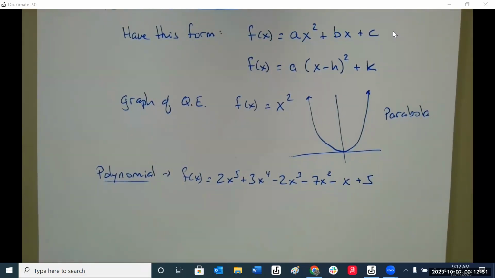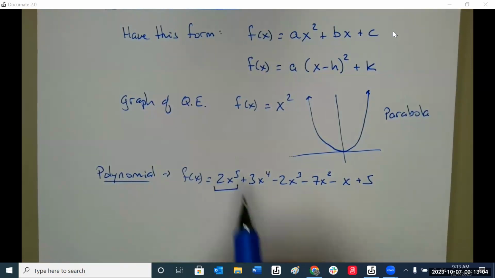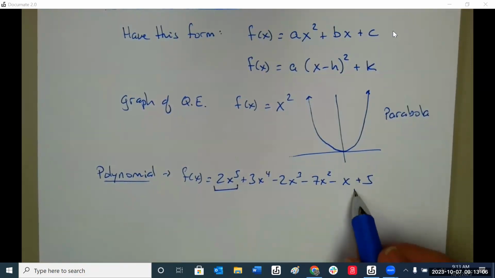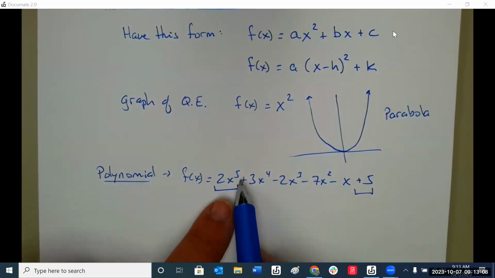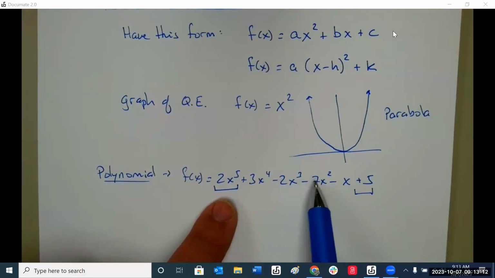For example, that's a polynomial. I'm jumping ahead, yes, because this is what we're going to talk about next chapter. But what I want you to do for this part is look at the first. So notice how the exponents are decreasing: 5, 4, 3, 2.